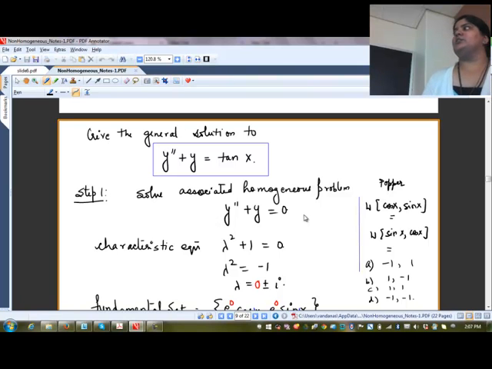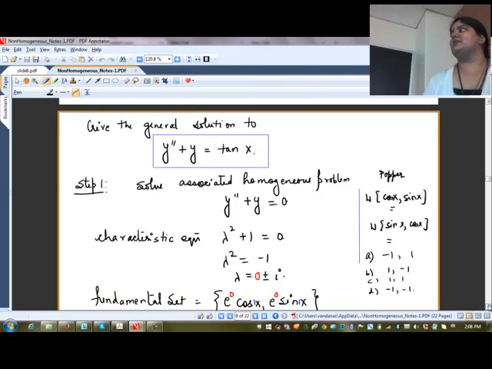This is the homogeneous problem. Lambda is plus minus i, the roots of this characteristic polynomial. So what is the fundamental set then? e to the power real part, which is 0, so it will be just 1, and cosine of b x with b equal to 1, so it's cosine x and sine x.